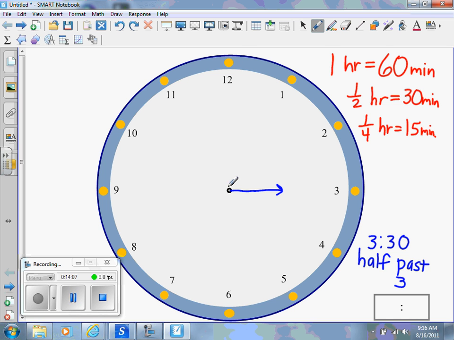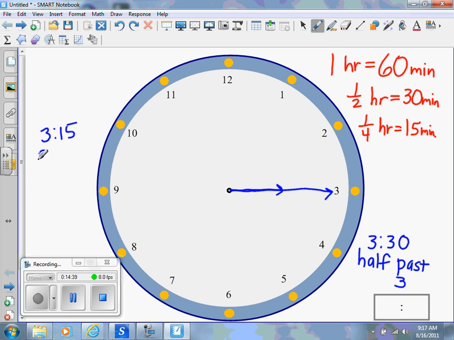And we know that if my minute hand was pointing to the 12, it would be 3 o'clock, right? But what if my minute hand has made it all the way over here to the 3? Like they're both pointing to the same number. Does anybody know what time that is? Yes, Abigail. Yes, excellent. That is 3:15. And remember I told you that the 15-minute blocks, that is called a quarter.